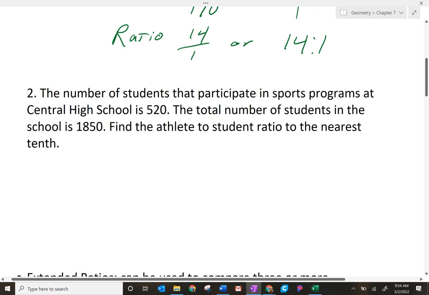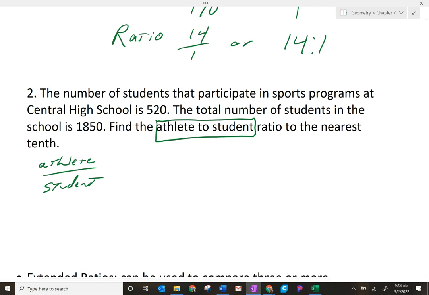All right, so this one is looking for the athlete to student ratio. So the athlete to student, meaning I want to set it up with my athletes on top and my students on the bottom. As long as I know how to set up that fraction, I can plug those numbers in.